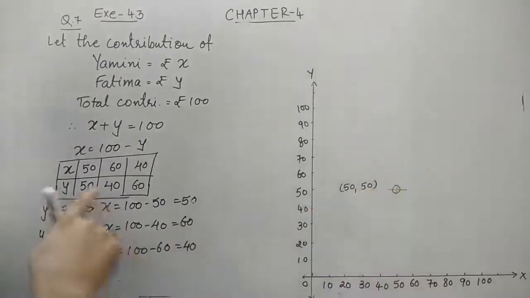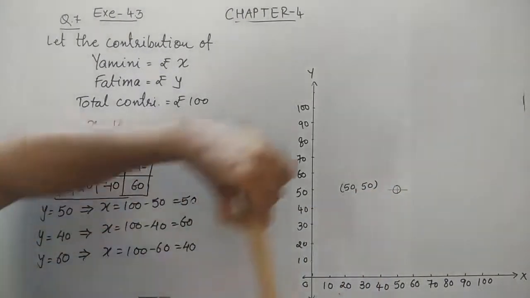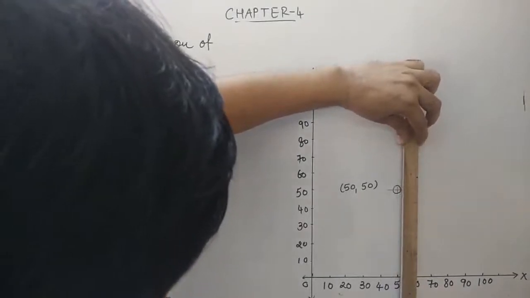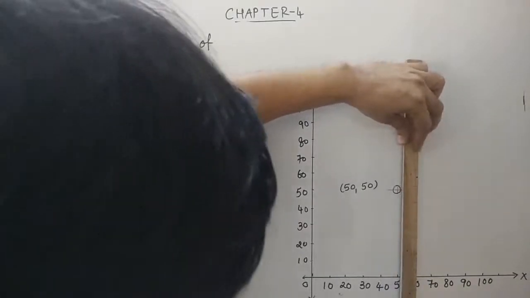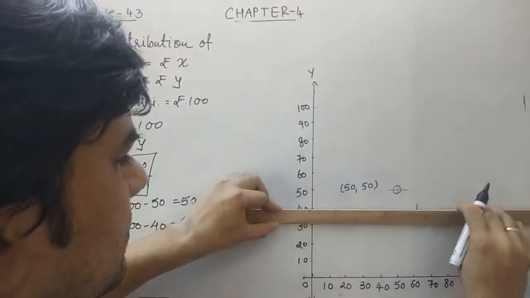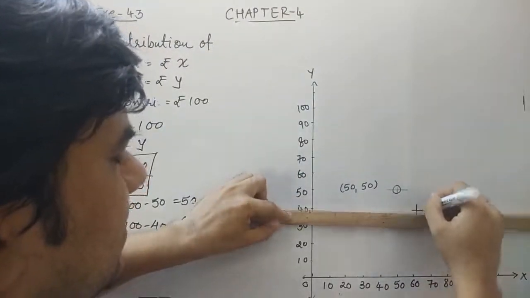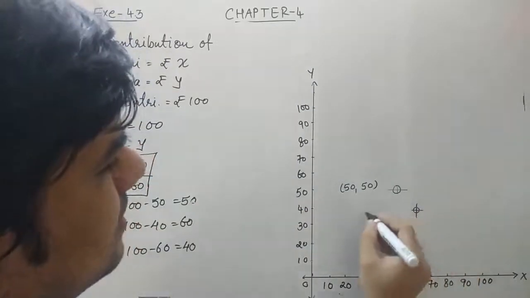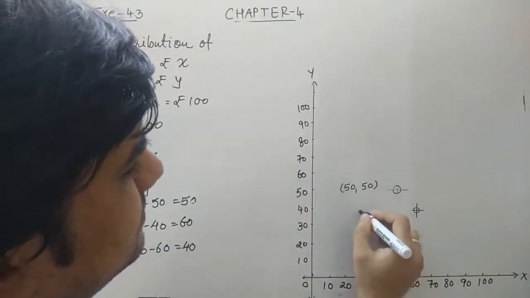Next contribution, that is 60 and 40. X is 60 and y is 40. So they're supposed to be here, that is 60 and 40.